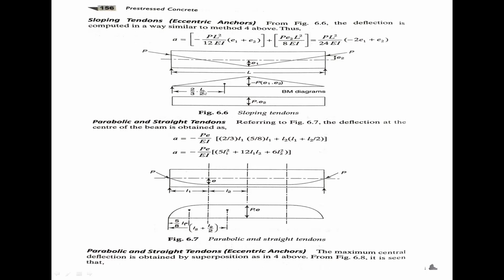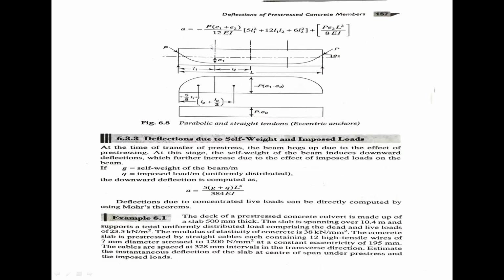In the last class, I explained the derivation for the different types of tendon profiles. Now, for self-weight dead load, we need the deflection formula. You have to find the deflection for dead load and live load, that means self-weight and imposed load. G equals the self-weight of the beam and Q equals the imposed load for a uniformly distributed load.